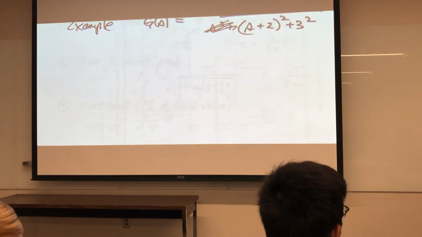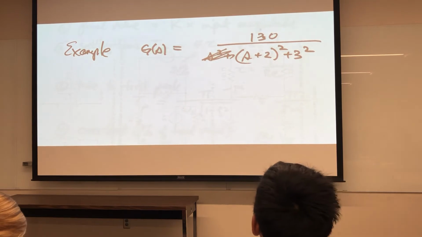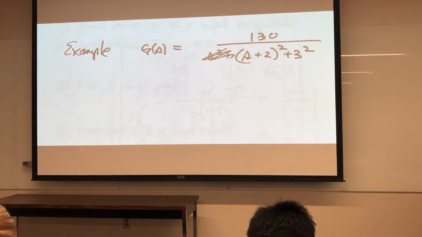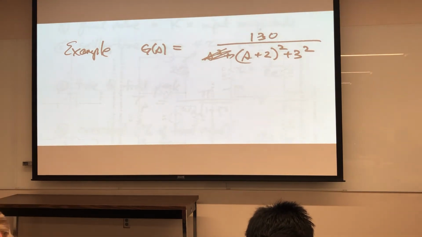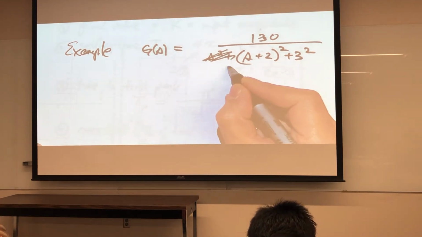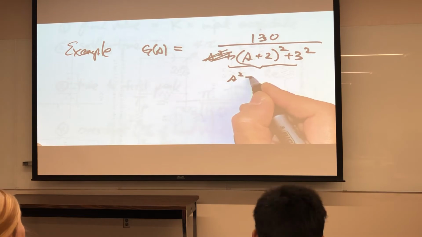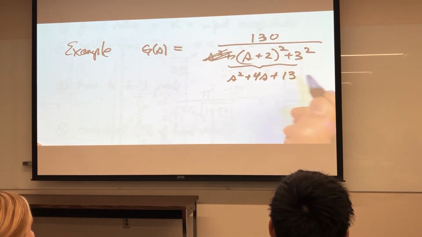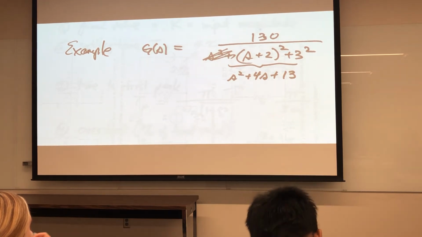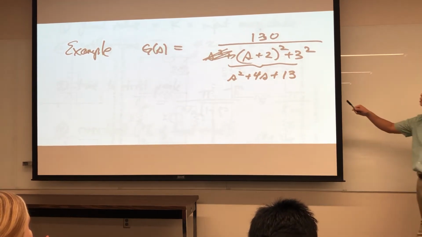So brush off your calculators. That's our model: 130 divided by s plus 2 quantity squared plus 3 squared. I could have written this as s squared plus 4s plus 13. These two are equivalent forms.